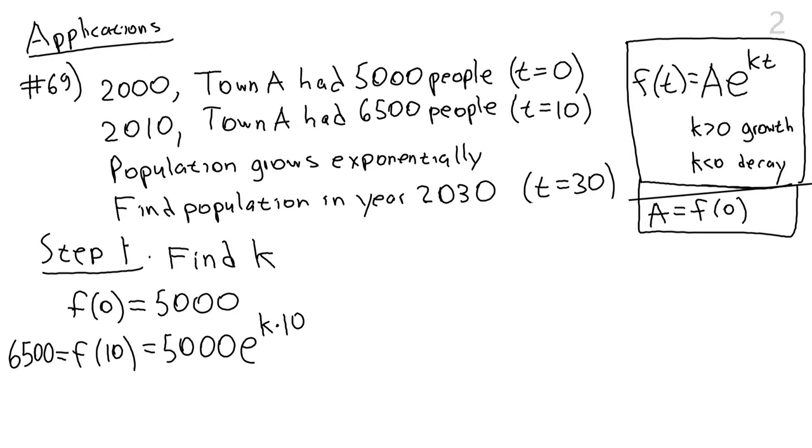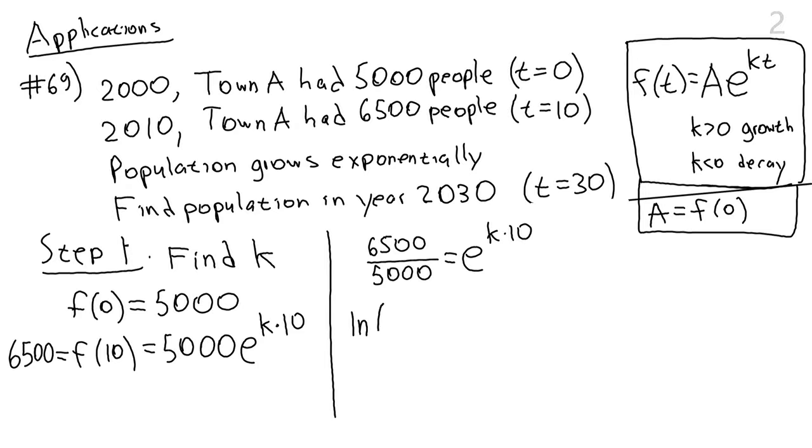So now I have an exponential equation that I need to solve. I have 6,500 equals 5,000 times e to the k times 10. First I divide both sides by 5,000, and I get some number equals e to the k times 10. Now I want to solve this equation with exponents for k. So I take logs of both sides.